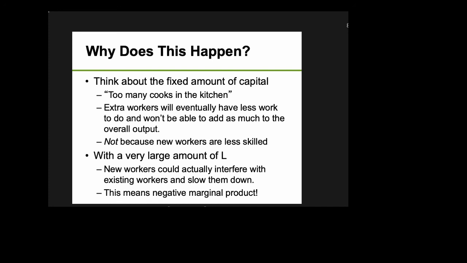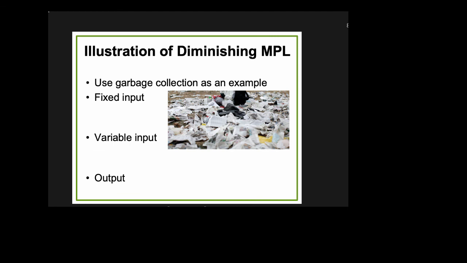So let's take a look at an example, something again to kind of drive this home, to really illustrate what we're talking about. Let's use the illustration of a garbage company, a company that collects garbage. The folks who collect the garbage where I live, they're really, really efficient. They've kind of nailed this.